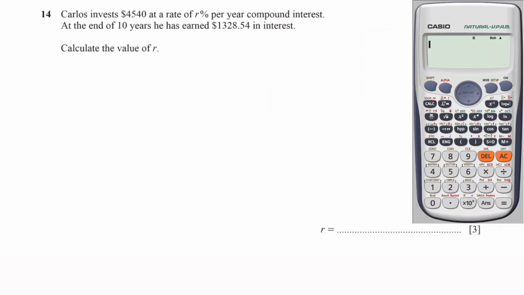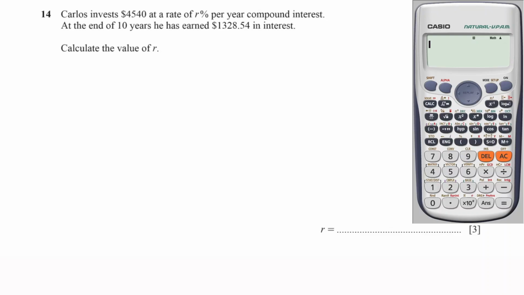Question number 14. Carlos invests $4540 at the rate of R% per year compound interest. At the end of 10 years, he has earned $1328.54 in interest.